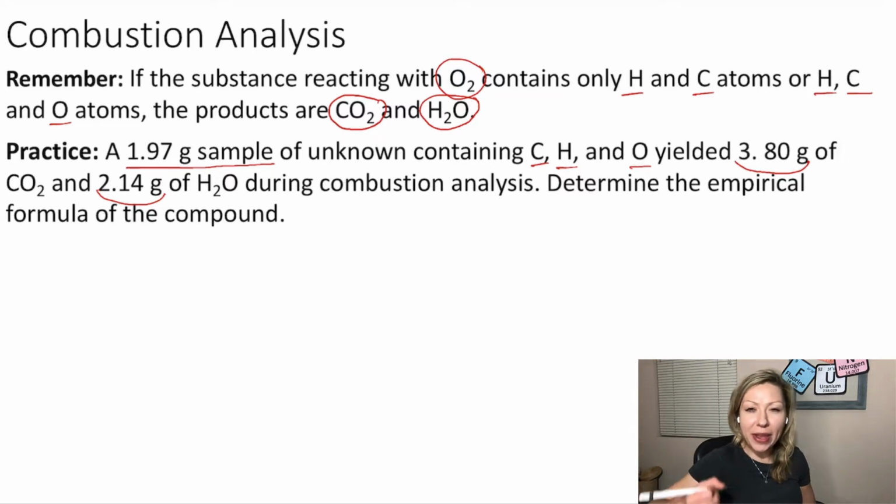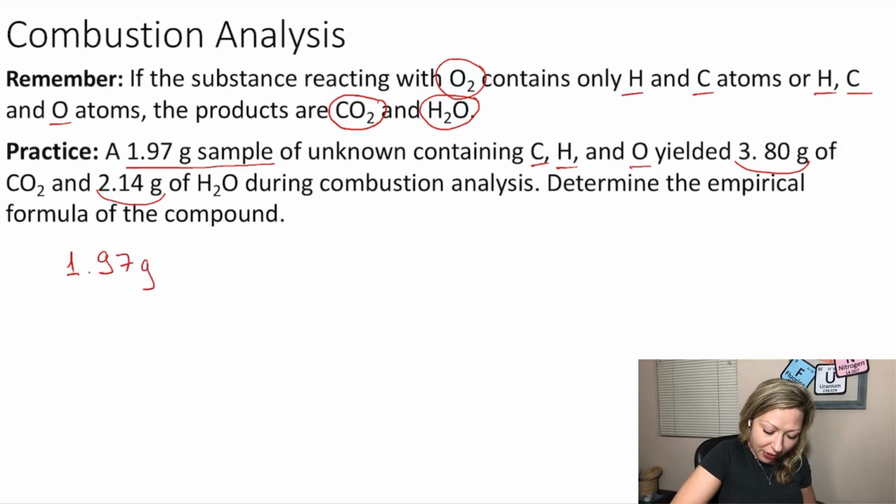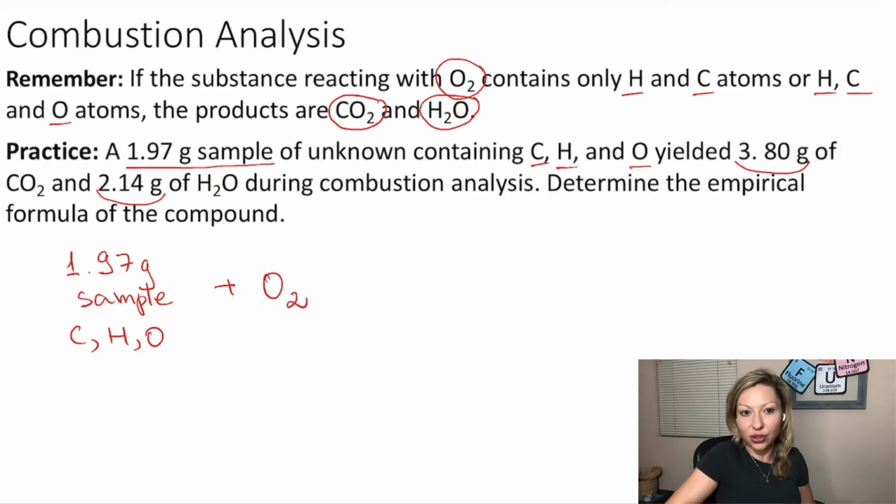So let's think about what is happening during this process. We have 1.97 grams of a sample that contains carbon, hydrogen, and oxygen. We burn it, so we add extra oxygen to it.